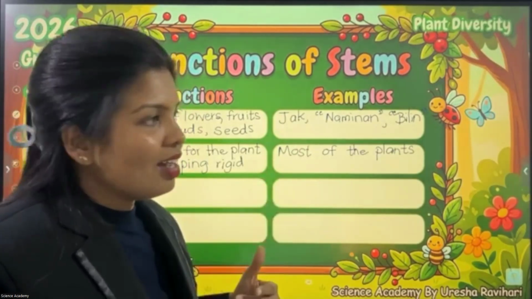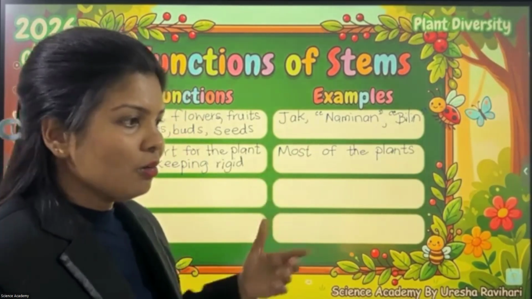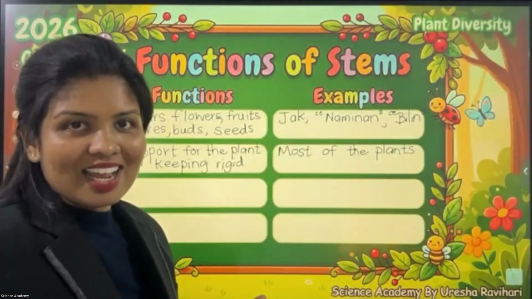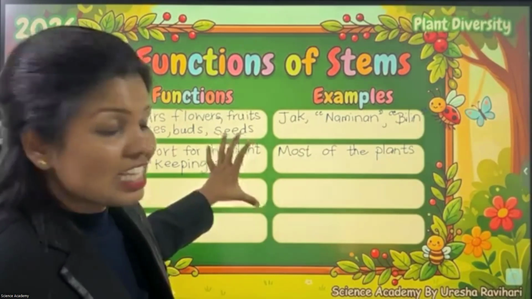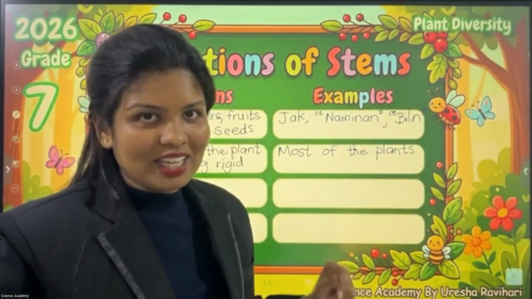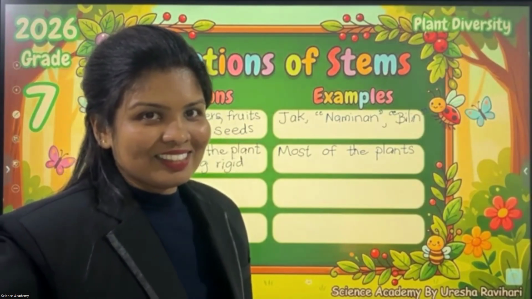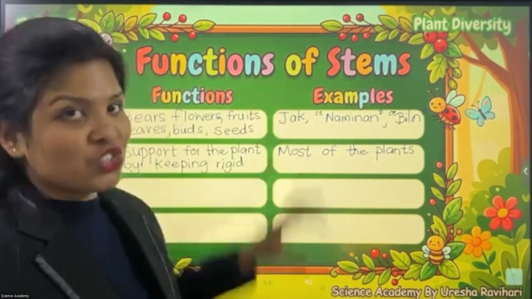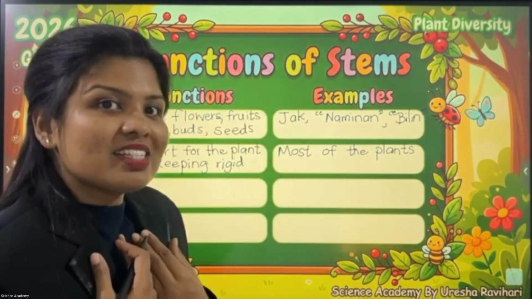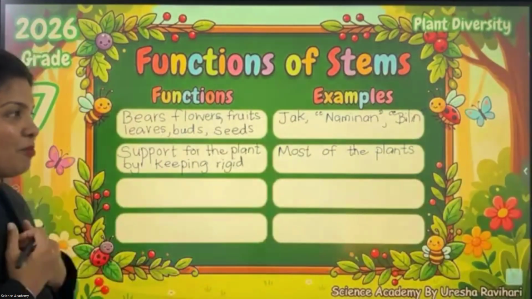We take these stems to prepare furniture. This function is related to us, not the plant. Okay. Did you get that? Plant functions of the stems, not the benefits that we got from the plants.